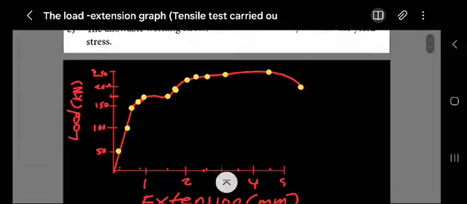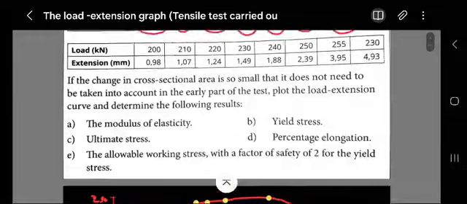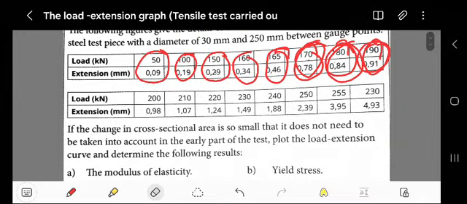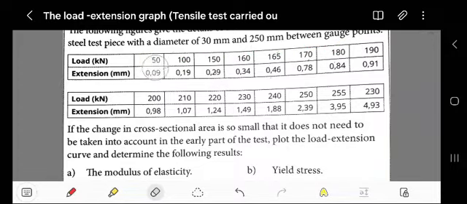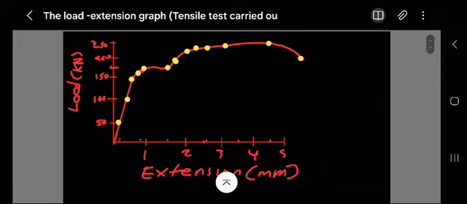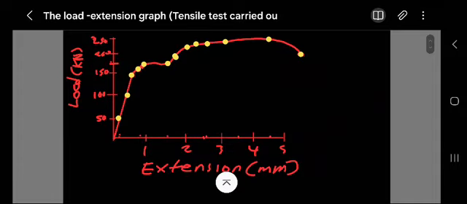This is how your graph will look if you have plotted everything. Guys, as you can see, this thing is very long. This is an estimation, not properly drawn like that, but your graph will be something like this.